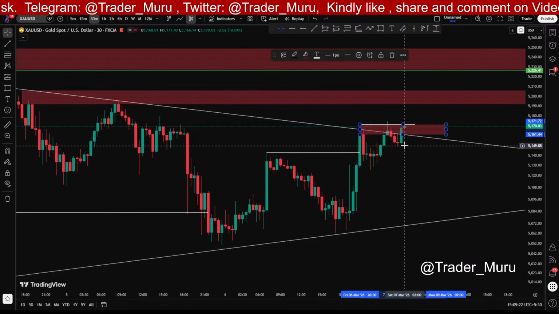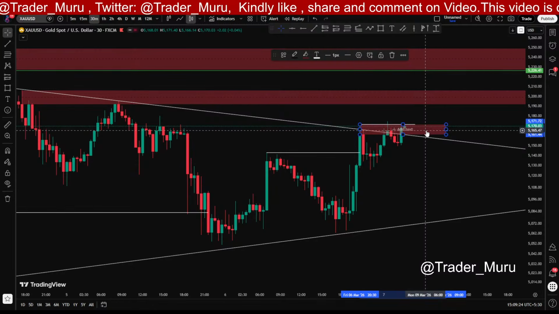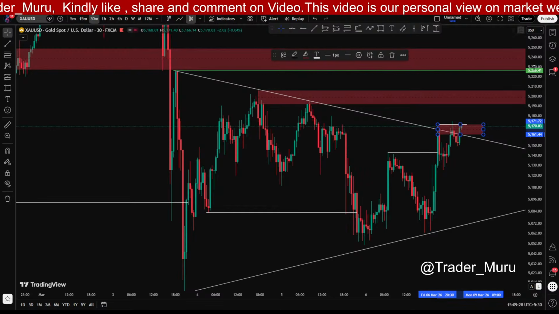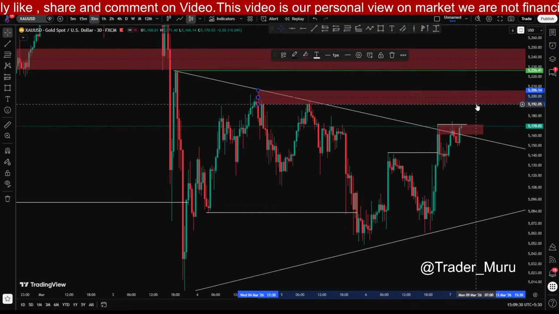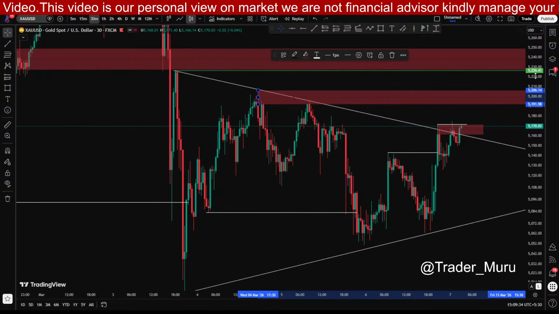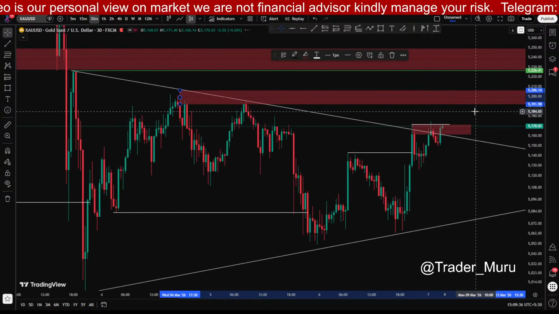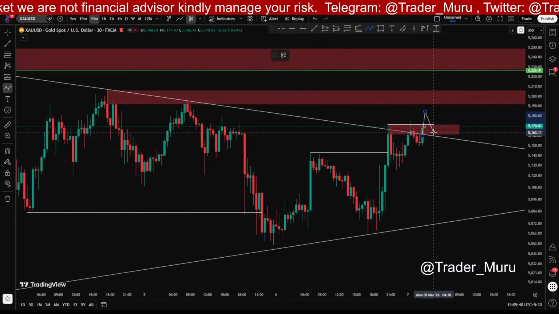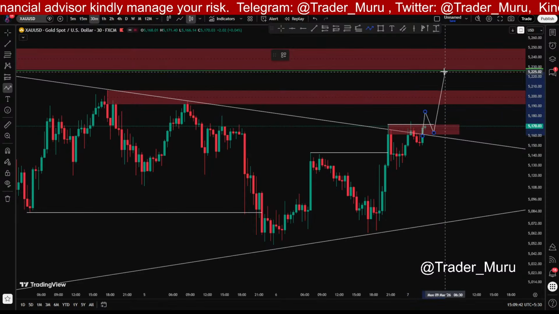So if we get a breakout and test here, your target will be 5226. First is this one around 5191, then 5226. So wait for a breakout and retest here, then you can buy it for this target.